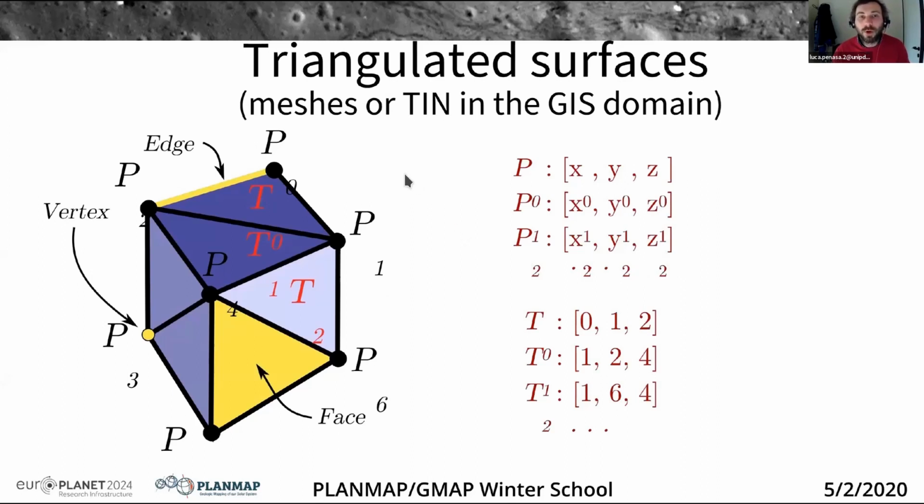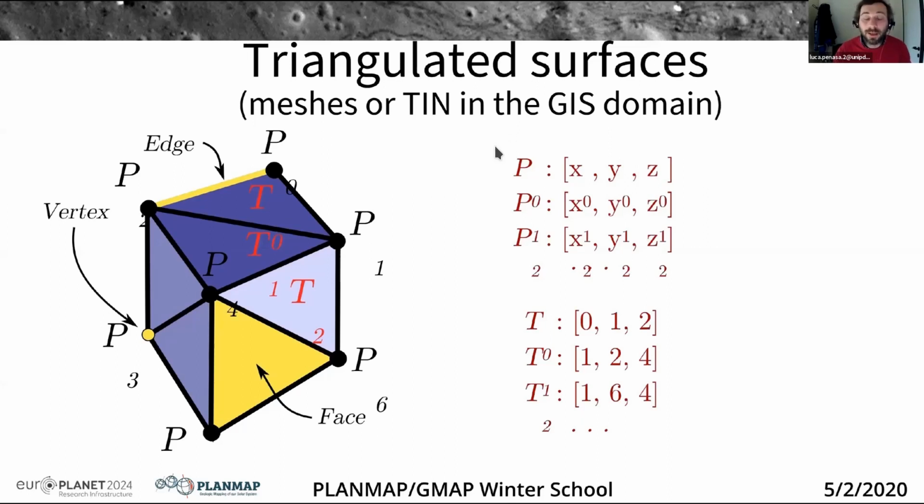Many of you, when working with 3D models, I guess most of you know what a DEM is. It's a special kind of representation. But in the general sense, and for what we will be seeing in the practical later, I would like to introduce triangulated surfaces, and we will try to explore them and look at how they are put together. They are also called meshes very often, or TIN, if you come from the ArcGIS domain or something like that.